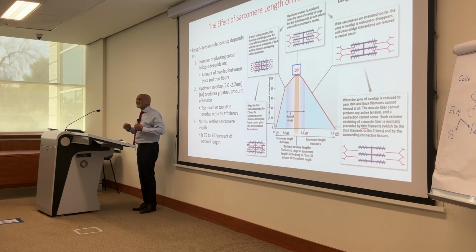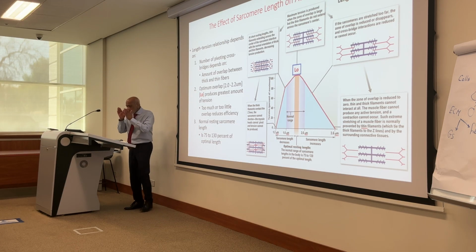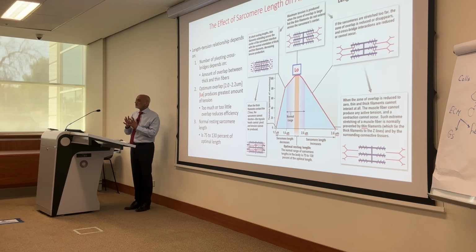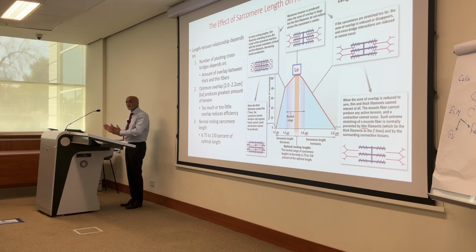So at the level of individual sarcomeres, it's telling you what level of force a muscle, or at least a myofibril, can generate. And that's what this diagram is saying.